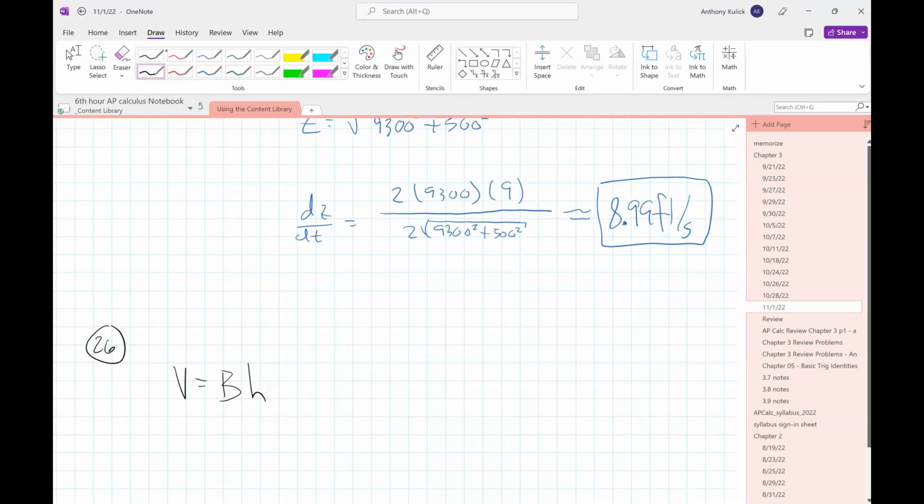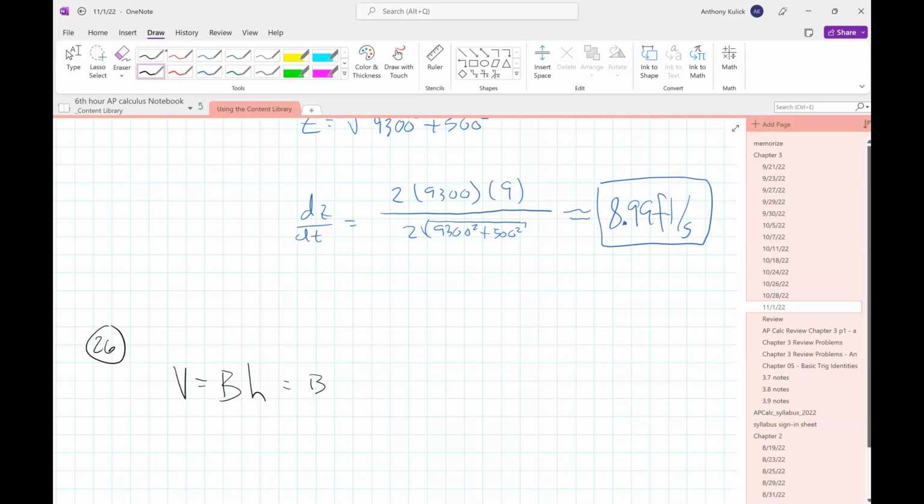I can tell that because when I look at the cross-sectional area they give me, if I add up the width of that cross-section, 6 plus 12 plus 16 plus 6 is 40. So I know that that's the one dimension.